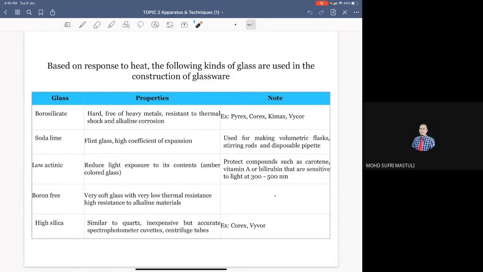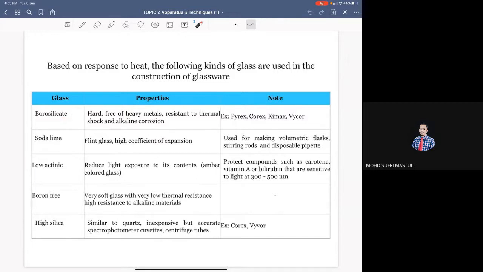The glass used in manufacturing volumetric glassware can originate from borosilicate, soda lime, or low actinic, boron-free, high silica glass. For example, the glass we use in the kitchen, like Pyrex or Corex, is normally manufactured using borosilicate.